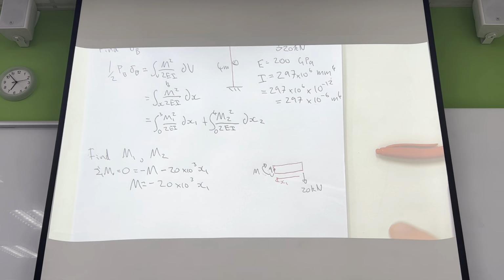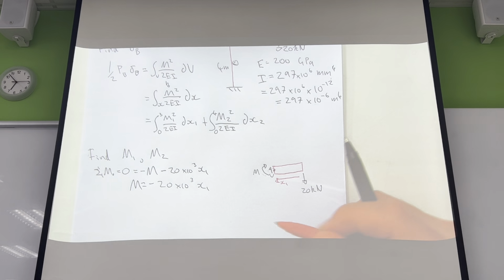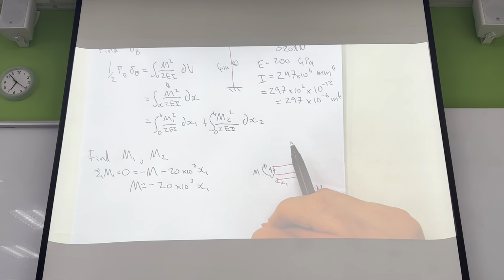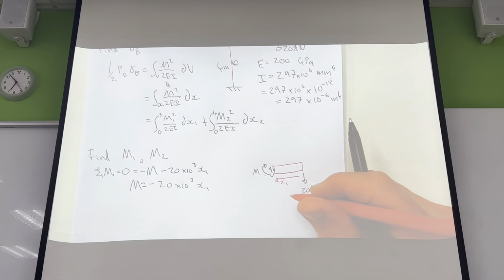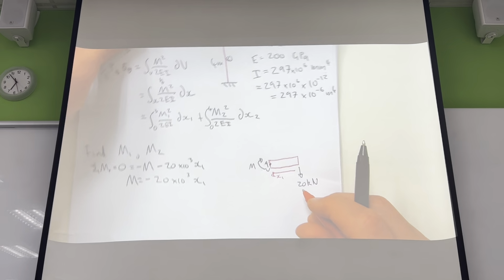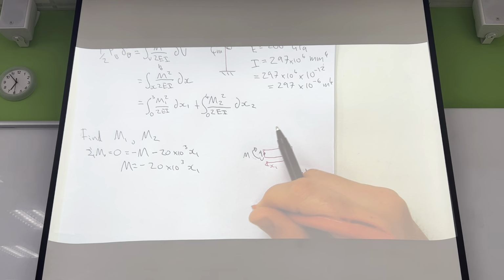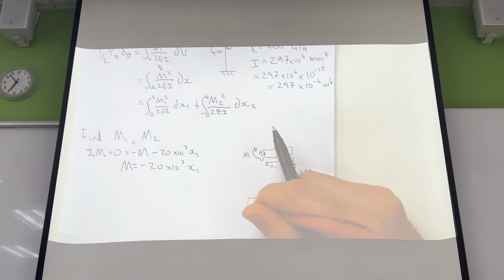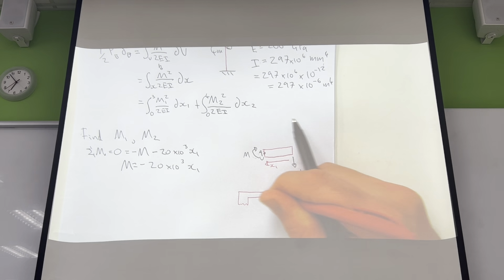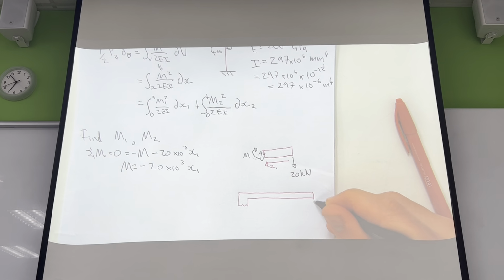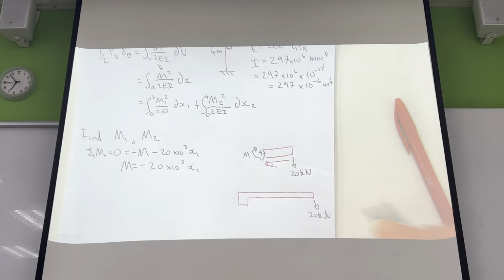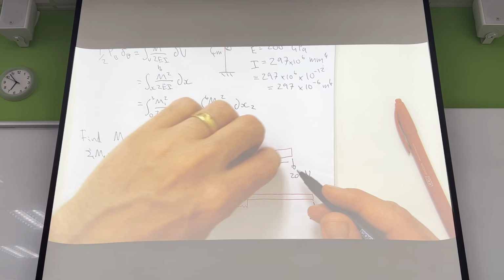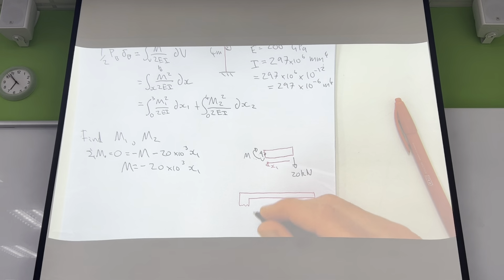We can do something for section 2. This section is a little trickier. I want to draw this. Let's draw this. So we have a load of 20 kilonewtons here. If you think about it, this has been rotating the other way, so my shear force would go that way.